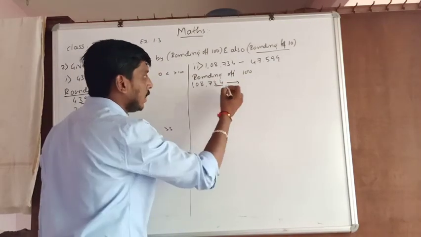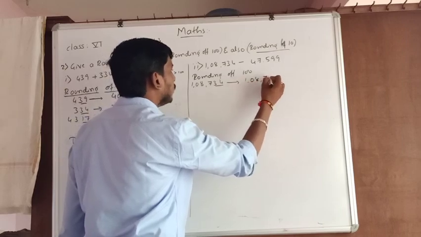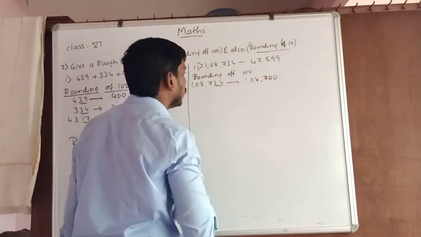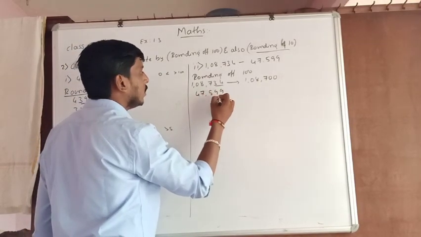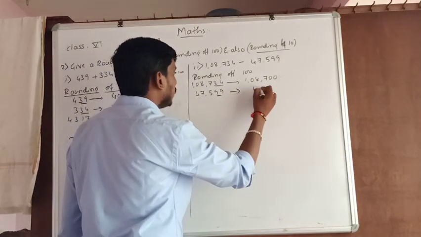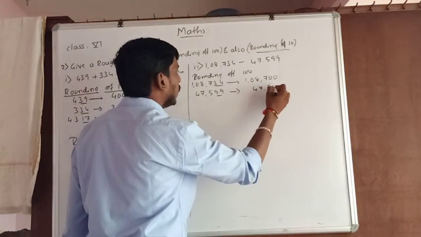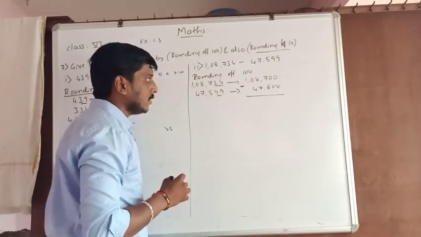It is less than 50. So it will come 1,08,700 only. Next, 47,599. 99 is more than 50, so it will come 47,600 only. Between them which sign is there? Subtraction is there. Go for subtraction.